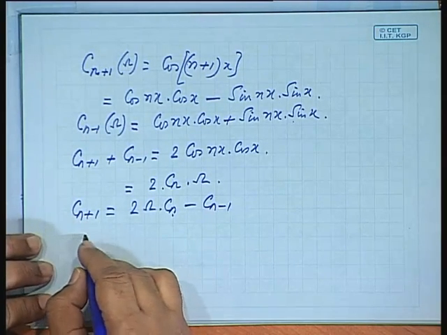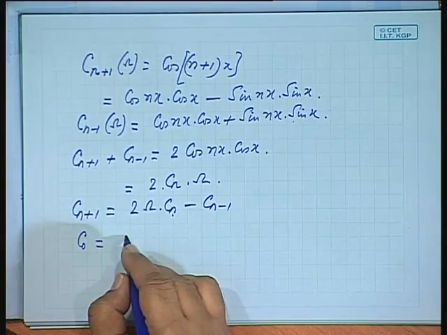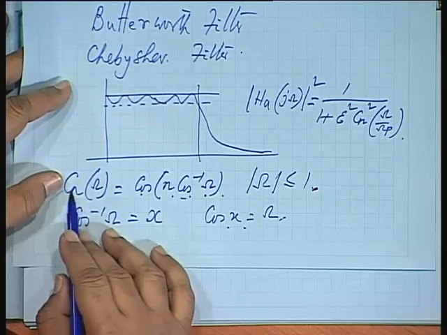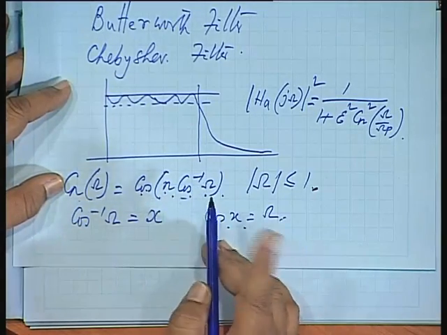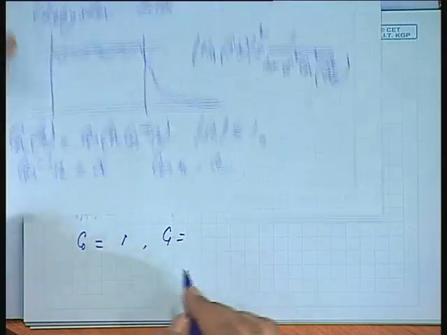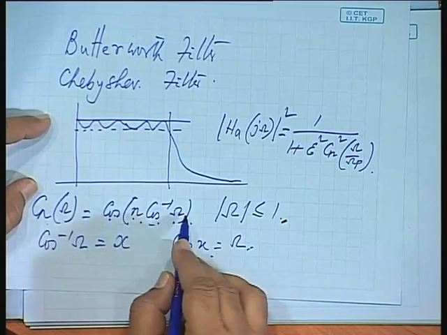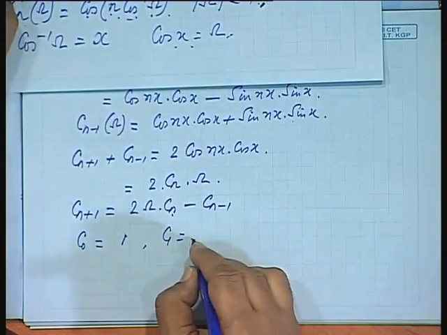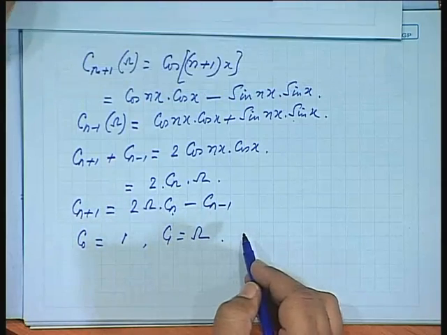Let us see what will be C0. From definition, C0 is cos of 0 into something. So, cos of 0 is 1. So, C0 is 1. C1 is cos of 1 into cos of cos inverse of omega, so omega itself. Using these two I can generate C2.